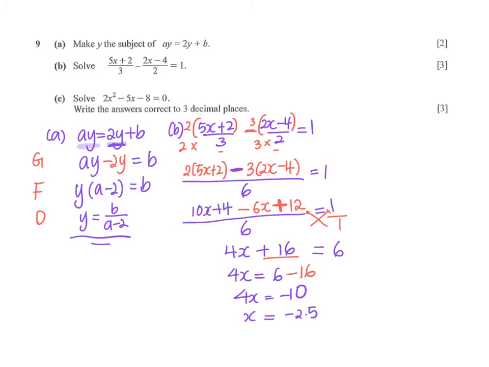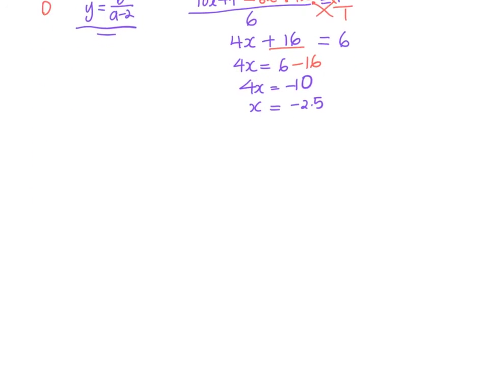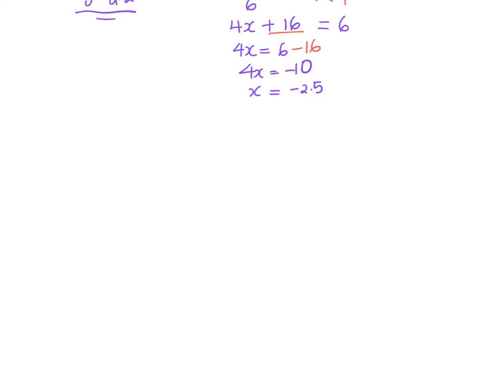Next, let's solve for part C. The equation is 2x squared minus 5x minus 8 equals to 0. The question asks us to solve this quadratic equation, giving your answers in decimal places.